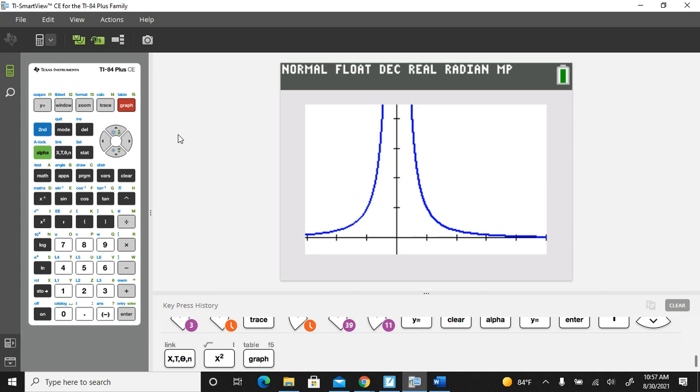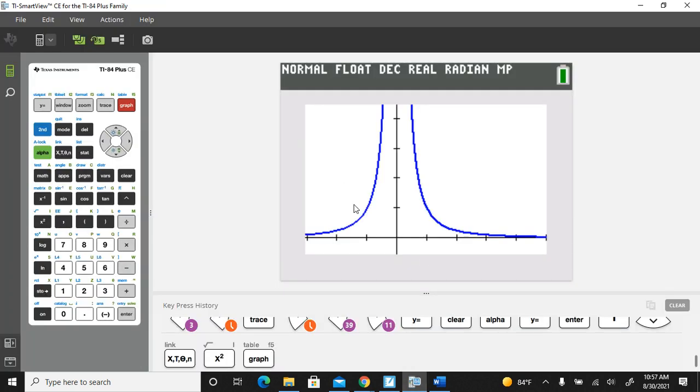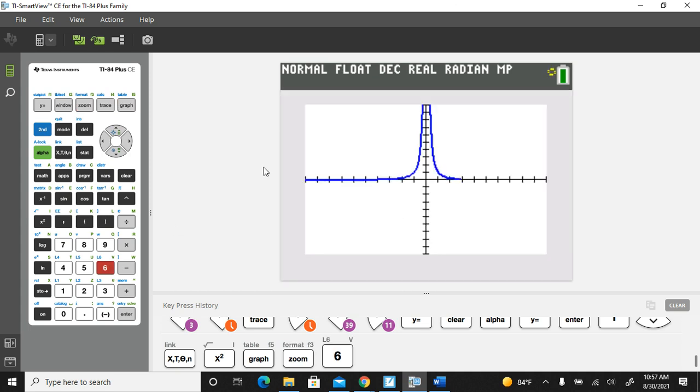And we look at a graph of this thing, and we're doing, of course, as x approaches 0. And we're actually zoomed in sufficiently. All right, what does it look like happens as my x gets closer and closer to 0? The y value increases. Is it ever going to stop increasing?